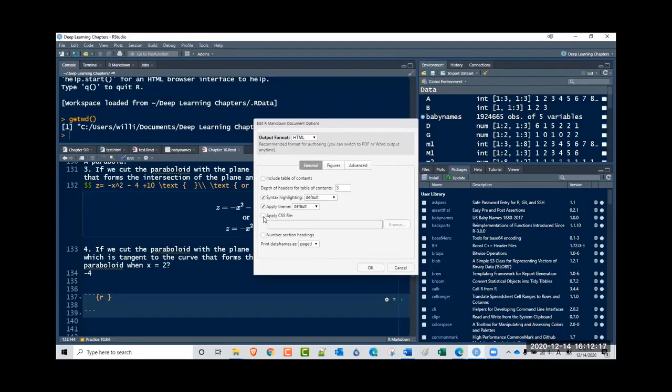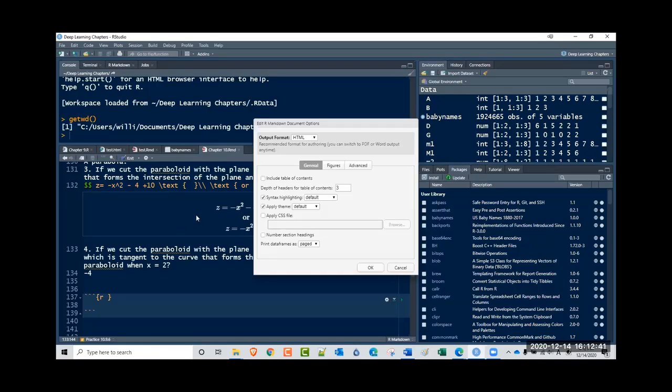Now, if you want to have actual images in this file, you have to treat it like it were a web page. So you have to know where this RMD file is, and then you have to put the images in that folder or a subfolder, and I guess you have to reference the images.